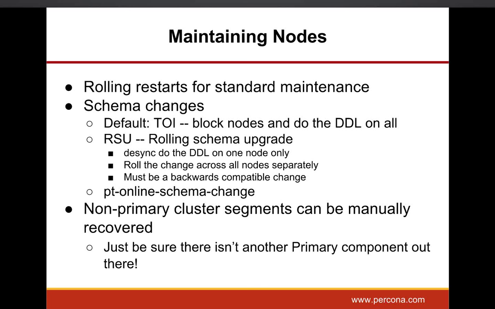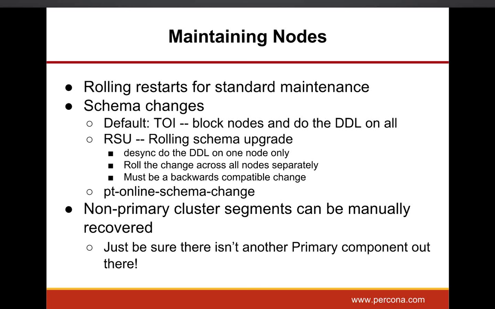But what you can do is change that to something called RSU mode, which is rolling schema upgrade. In that situation, the DDL does not replicate. So if you have a node in RSU and you issue a DDL, it does not replicate that DDL. Secondly, it permits the node to enter what's known as a desynchronized state.